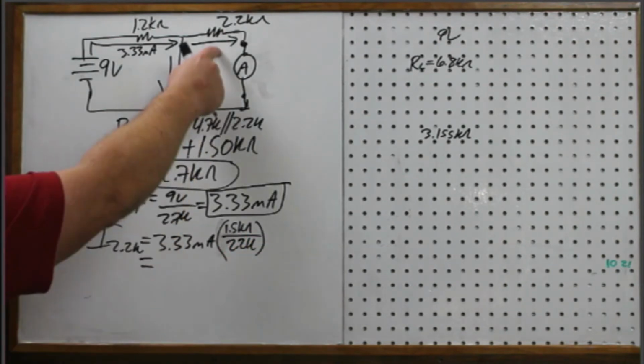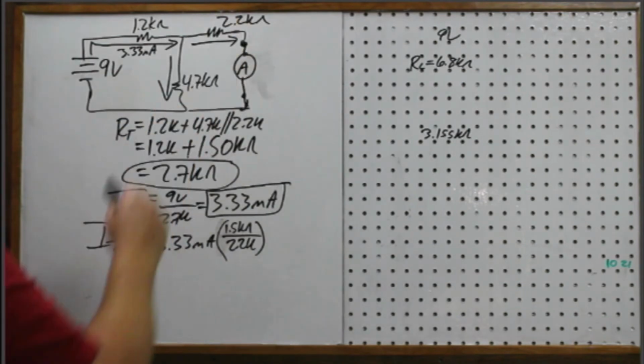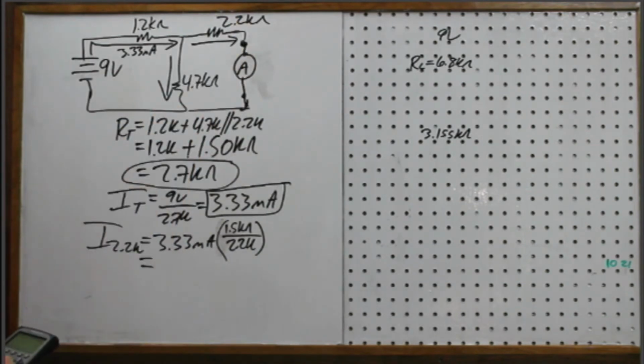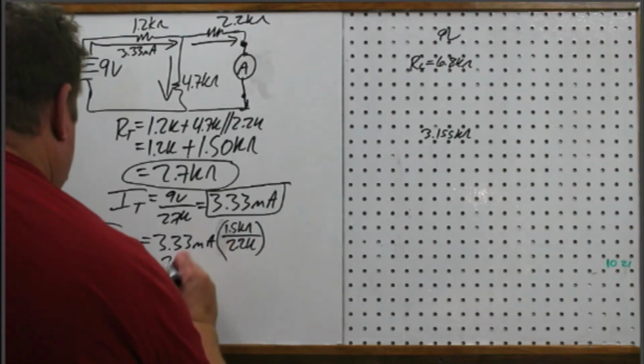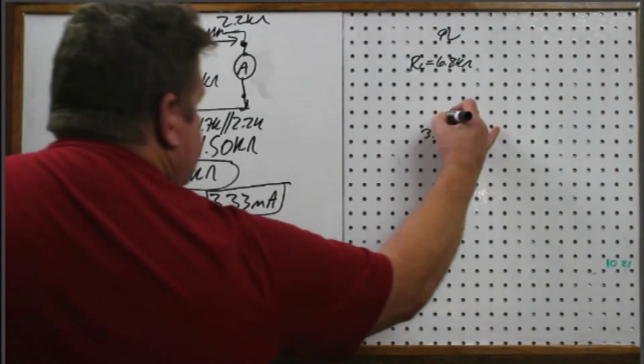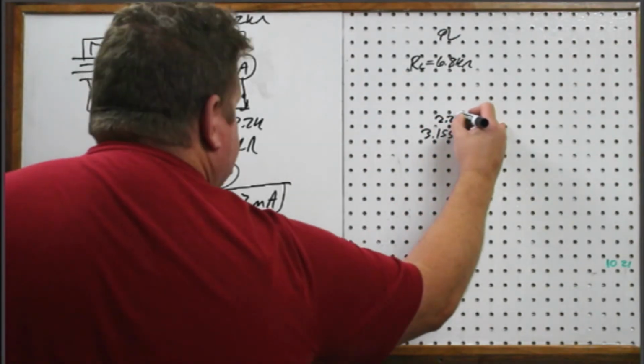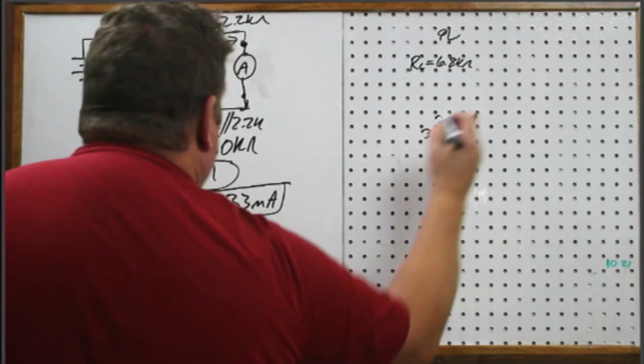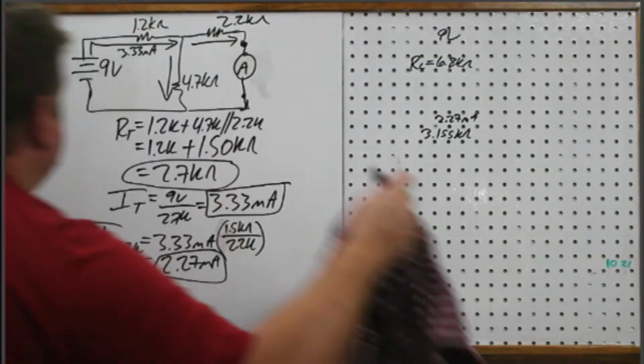So because this is the smaller resistor, I expect this to be about twice as much as this one. 3.33 times 1.5 divided by 2.2 because the k's cancel. 2.27 milliamps.